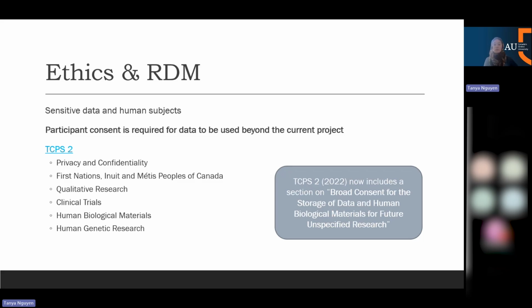How you intend to use the data, and whether or not it can be used, reused, or deposited, is determined by the language in your information and consent documents. Again, ideally, you should try to make your data as open as possible, but as closed as necessary.